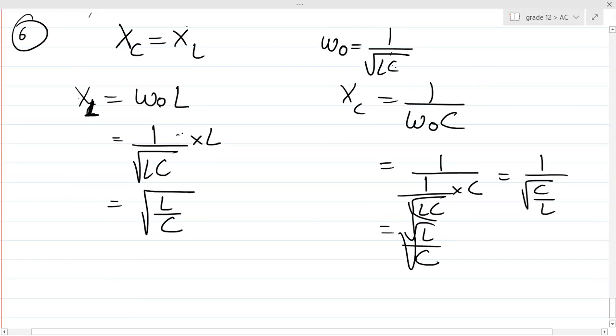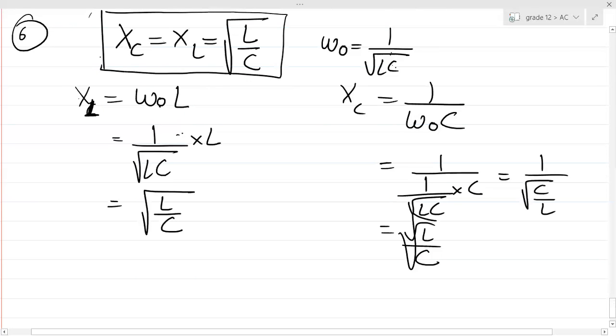At resonance condition, XC and XL both are equal, and this value is equal to under root of L by C. So you can write this as well.